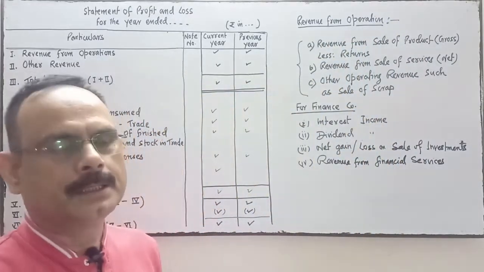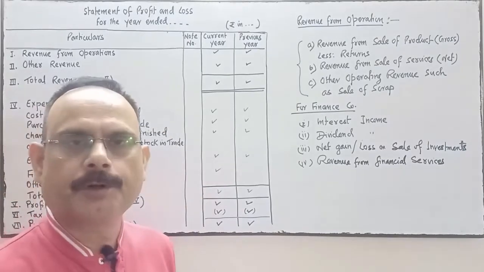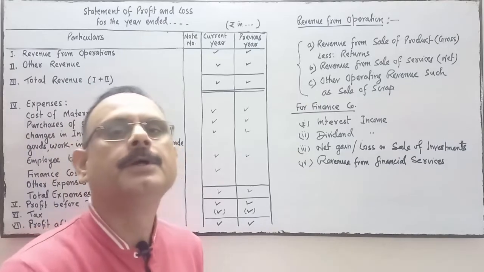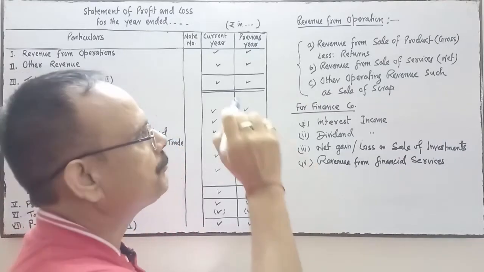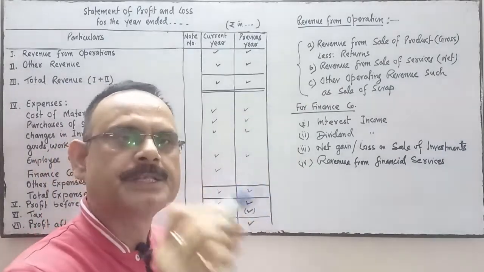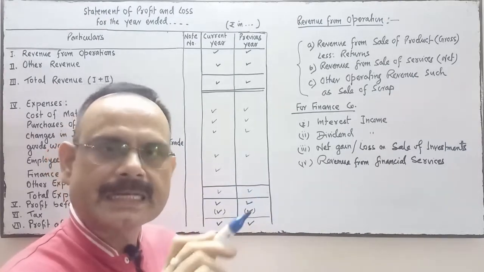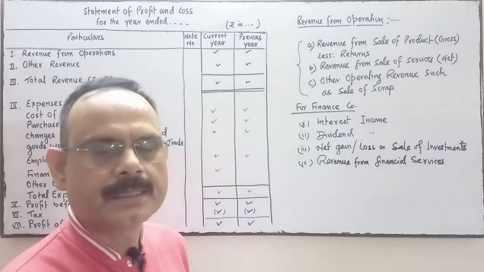So what are the things that come under the revenue from operation? Revenue from sale of goods. Revenue from the sale of goods means sale of product. Gross figure less return, then it's net sales.